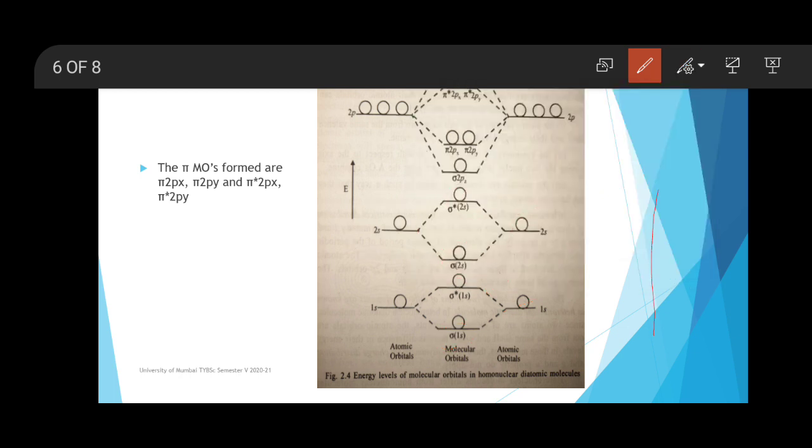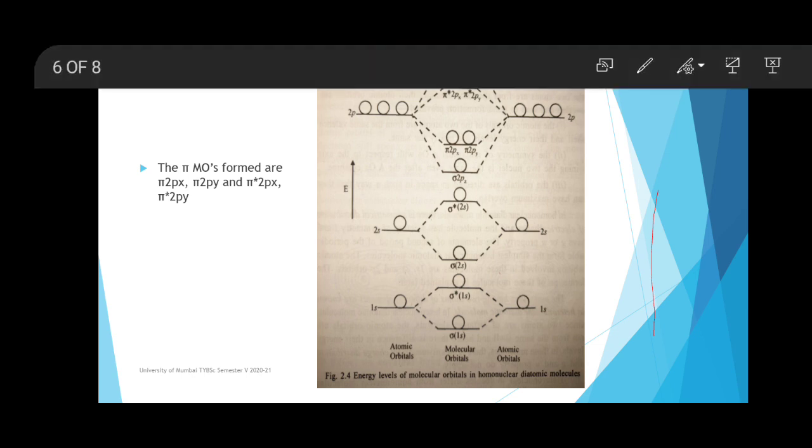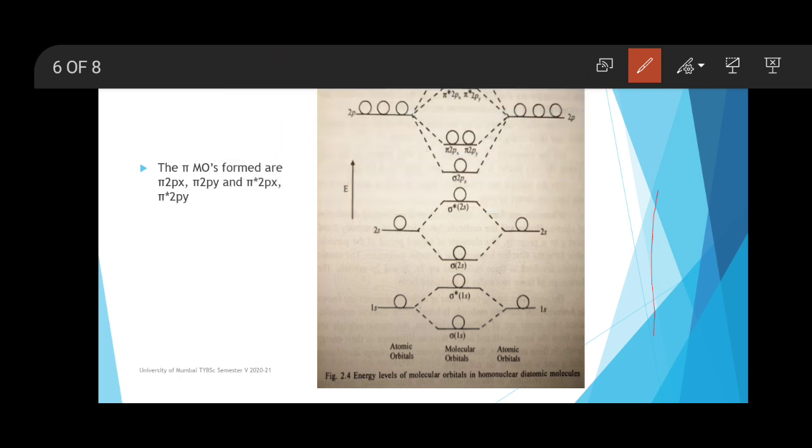Now, if you see the sigma 2pz orbitals, that means when one 2p orbital combines with another 2p orbital, what happened there? When they combine, for one atom three 2p orbitals combine with another.